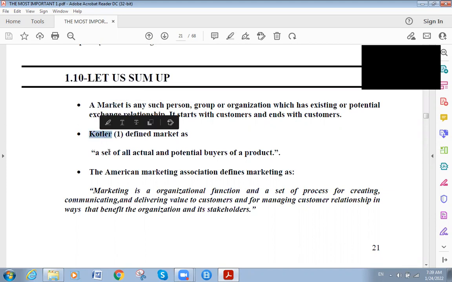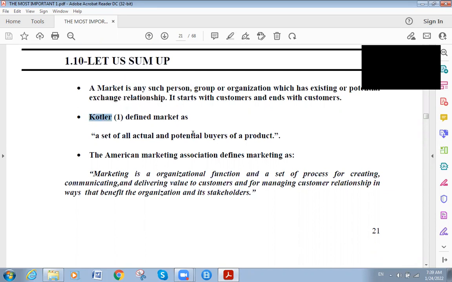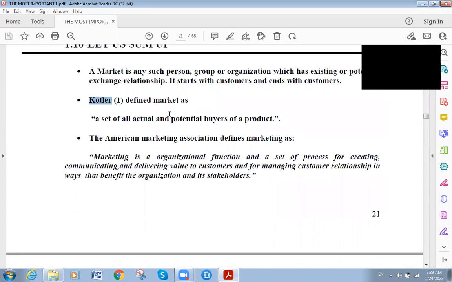Let's talk about Philip Kotler and his own definition of the market. So Kotler defined the market as a set of all actual and potential buyers of a product.